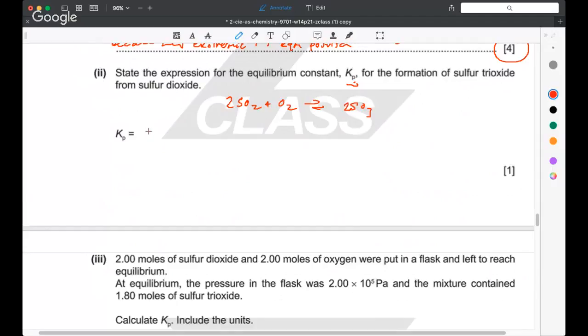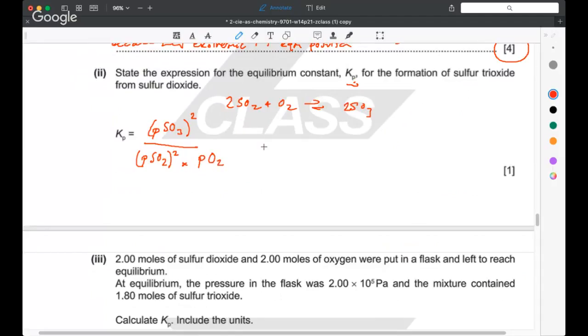And so you're writing the equilibrium constant in terms of partial pressures as the partial pressure of the sulfur trioxide, and because you've got a stoichiometric coefficient of 2, that's going to be squared, over the partial pressure of sulfur dioxide, that has a stoichiometric coefficient of 2, you're going to square that, times the partial pressure of oxygen, and you don't need to have any index there because the stoichiometric coefficient is implicitly 1.